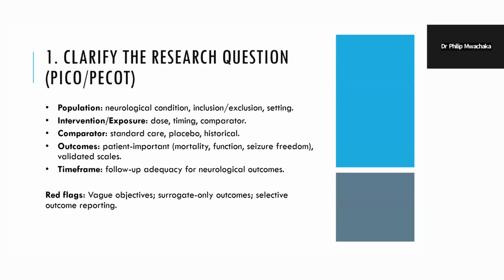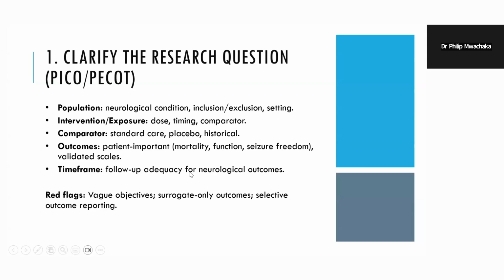So historical comparator basically means you are trying to bring in an intervention, but you had historically or previously collected some data, and observed that in our setup, when we treat these patients with this standard of care, we are having these outcomes. So you then try to bring an intervention. So your next phase of study is just an intervention, but your comparator is the data that you had previously collected when you were not doing this interventional study.